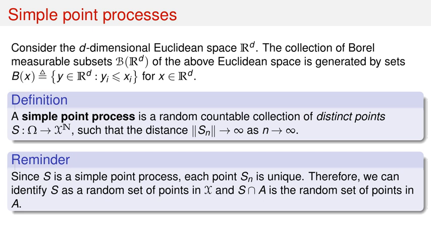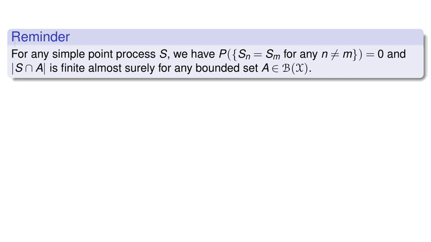Just a reminder here, because S is a simple point process, every point S sub n is unique. This uniqueness allows us to think of S as a random set of points within the space script X. Consequently, S intersect A represents the random set of points that fall within a given set A. As a further reminder, for any simple point process S, the probability of the event that S sub n equals S sub m for any n not equal to m is 0.